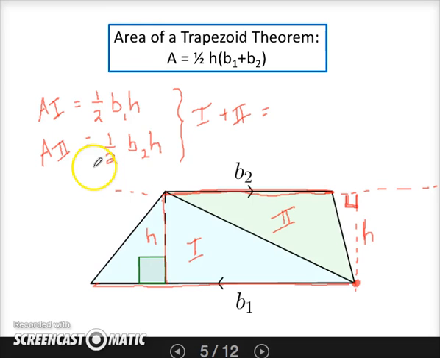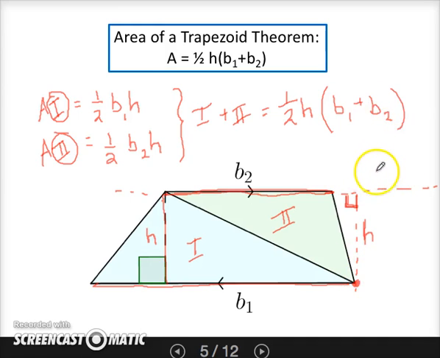And rather than writing the whole thing out, I'm going to factor out a 1/2. Since there's a 1/2 in both of these, I'm also going to factor out an H. And what's left over here is base 1, which comes from region 1, plus base 2, which comes from region 2.